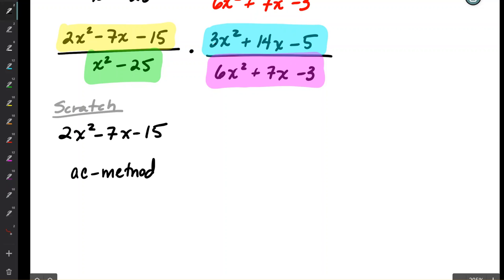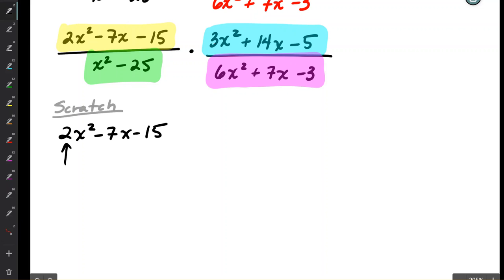If you liked that, remember that you're looking for two numbers that multiply together to give you A times C, and then add up to B. And what do you do with those two numbers? Those two numbers are telling you how the like terms were combined to get minus 7x, and then you do factor by grouping. Alternatively, you can do strategic trial and error, which is what I'm going to model right here.